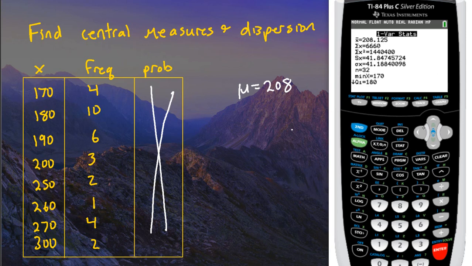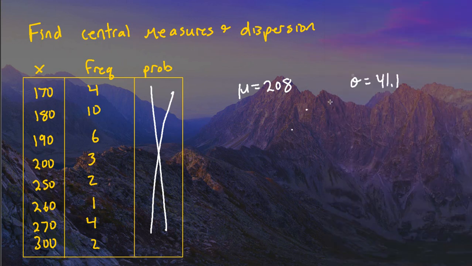We have 32 pieces of data, apparently, assuming I typed it in correctly. Min x, so that's the smallest value. So if I wanted the range, I'd take the max x and the min x and subtract them, and I'd get 130. So my range is 130.